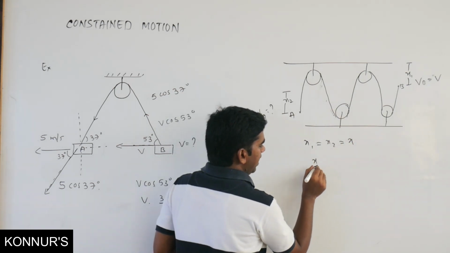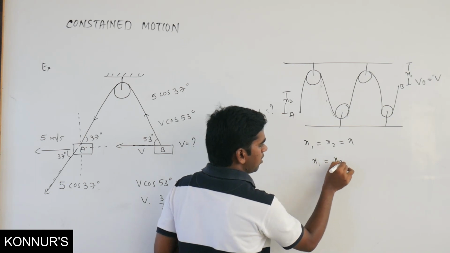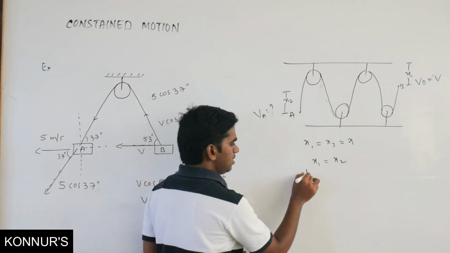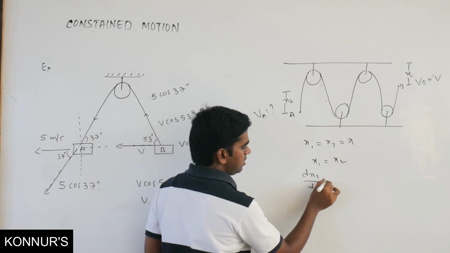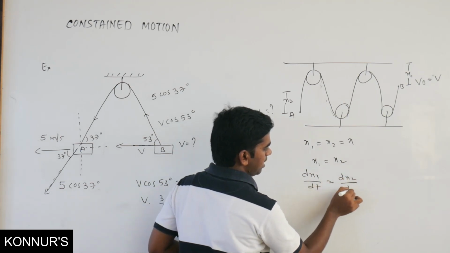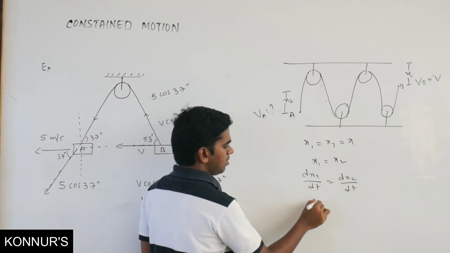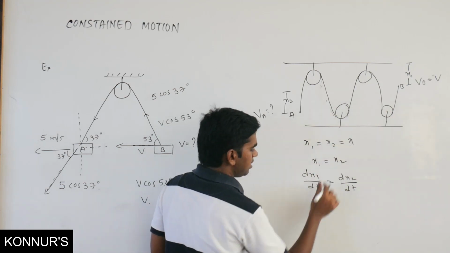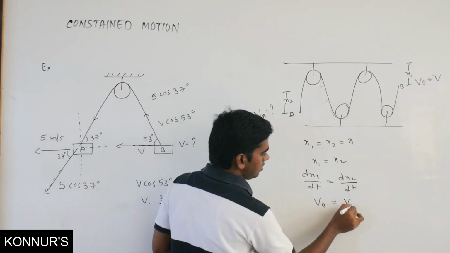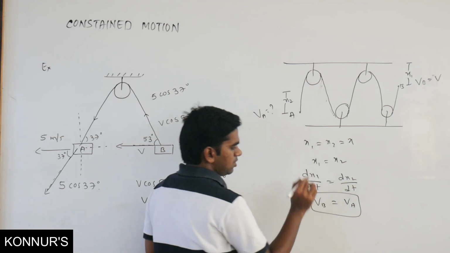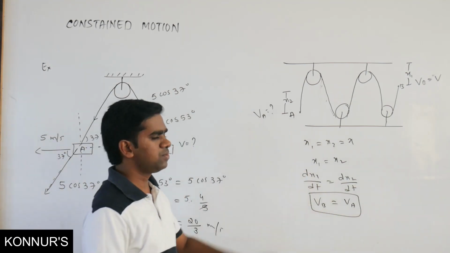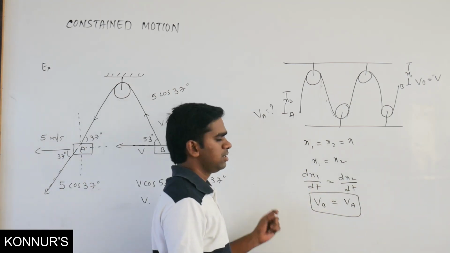So x1 is equal to x2. You can differentiate: dx1 by dt equals dx2 by dt. So what will it become? It is nothing but velocity of A equals velocity of B. So simply by using common sense also we can solve this problem.